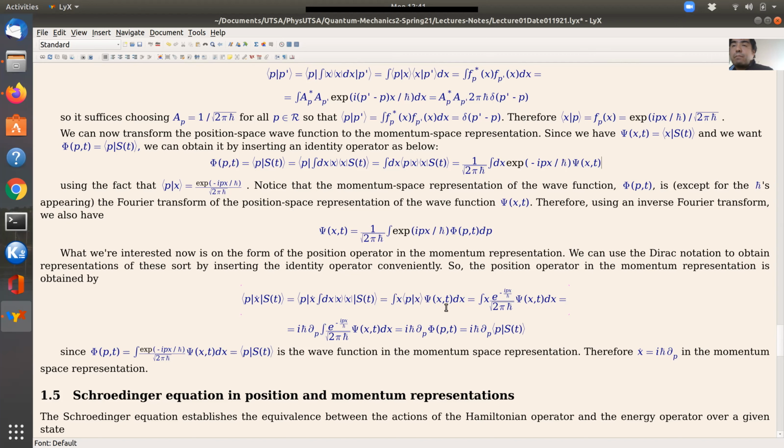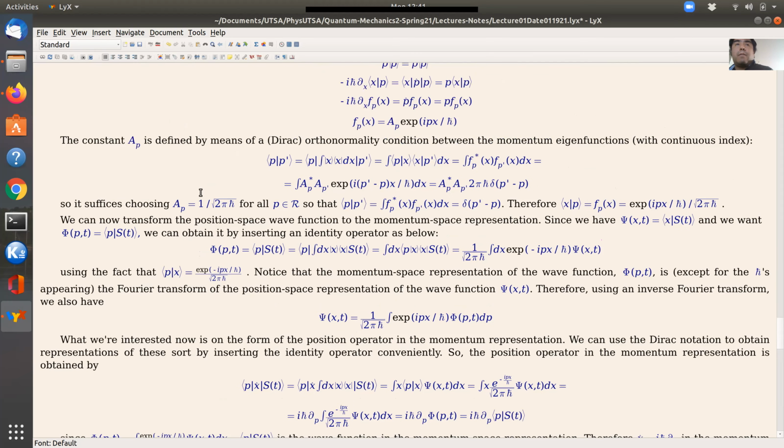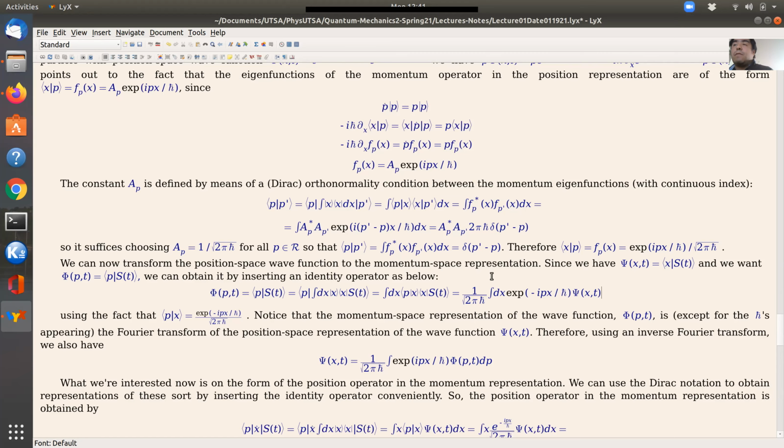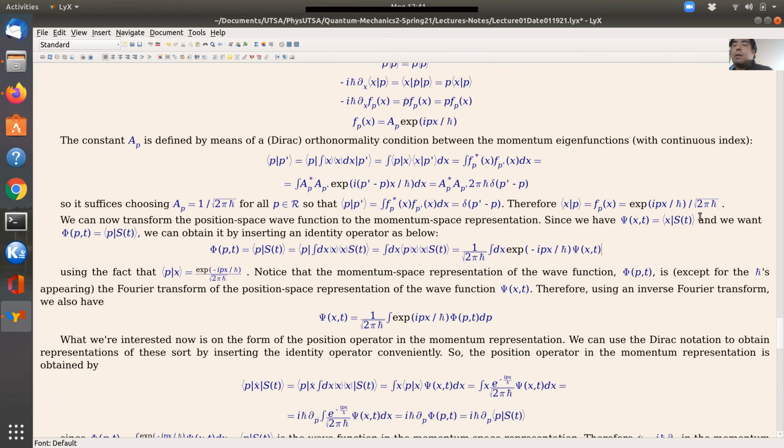And then I need the formula of how psi looks in terms of phi. Wait. No, I'm not there yet. I need to make a step. Sorry. What I need in this step is basically the formula for P inner product with X, which is this one. We got the actual formula over here, which is what I'm going to substitute in here.